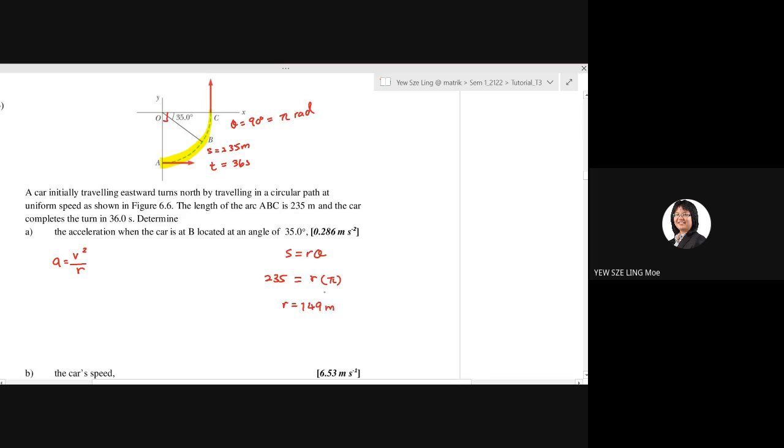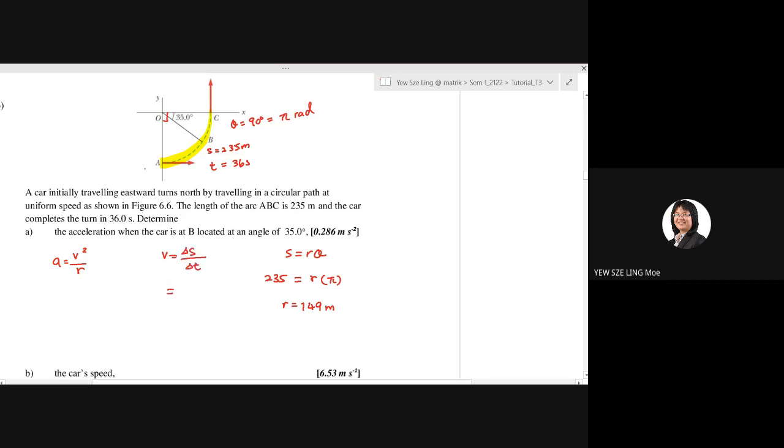Now that we have R equals 149 meters, we want to calculate v. Can we determine v? Let's see, do we have enough information? Yes, we do. So v is equal to the change in S over the change in time.